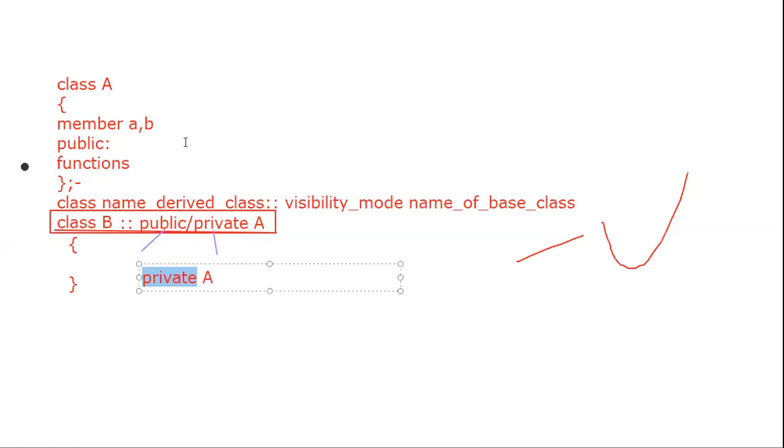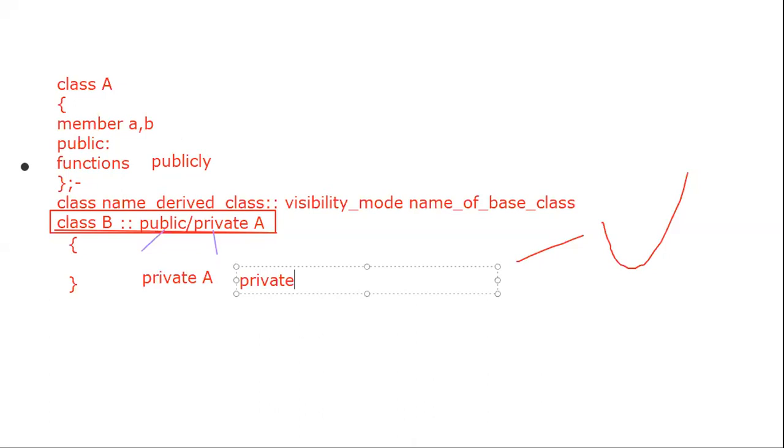It is going to access some members and functions from the upper class to the lower class, meaning class A to class B. If we mark it as private, then whatever functions and members are publicly available in class A will be converted into private when they come down here.